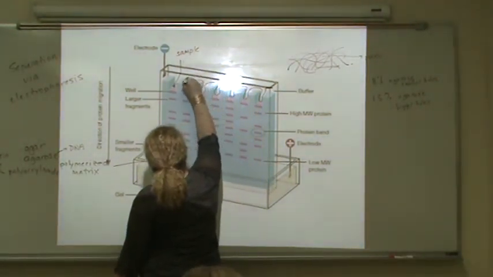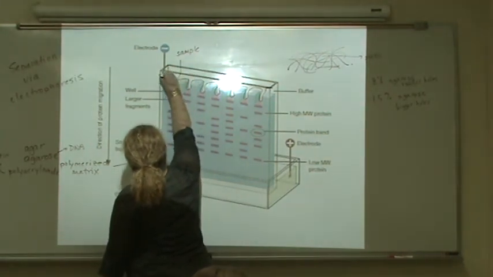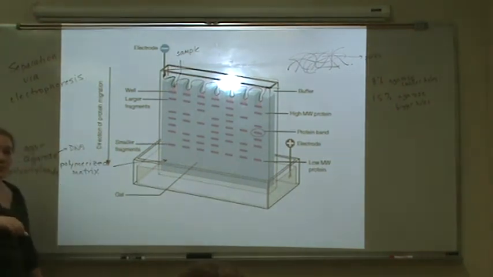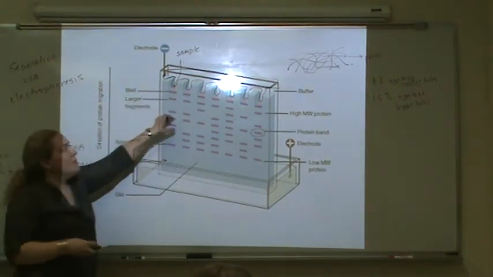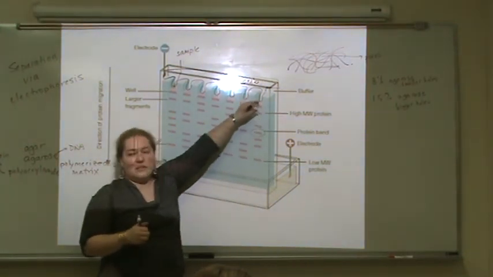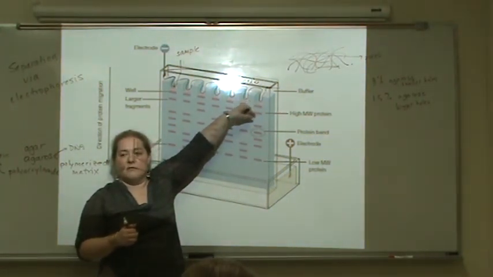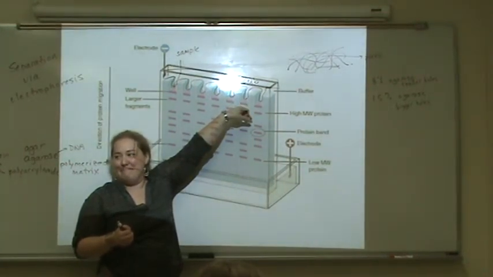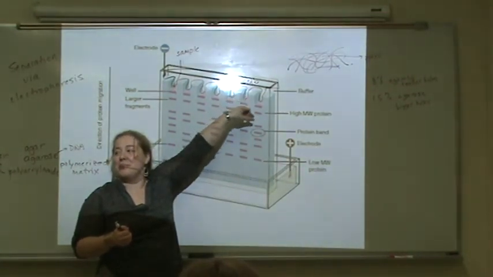You melt your gel forming substance and pour it into a mold while it's hot, and then you put a comb in it. The purpose of the comb is to leave holes, or notches, or wells. They're actually called wells, and the wells are where you put the sample.